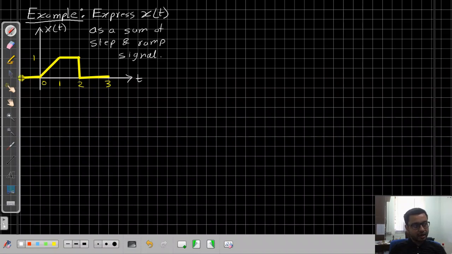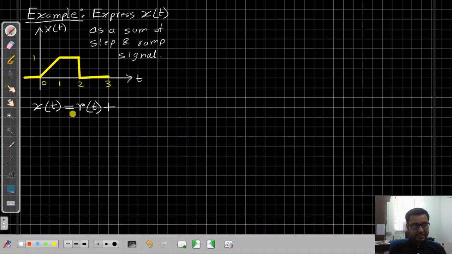We shall start from the left side of this signal, and from the left side you observe that this signal looks like a ramp signal. It is initially 0 and then increases linearly. So we can write that x(t) is equal to our ramp r(t) plus some other components.